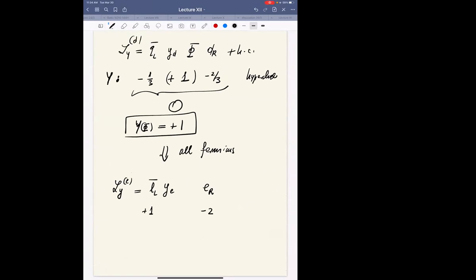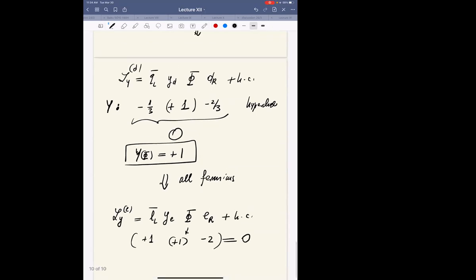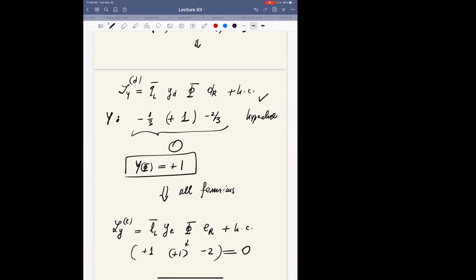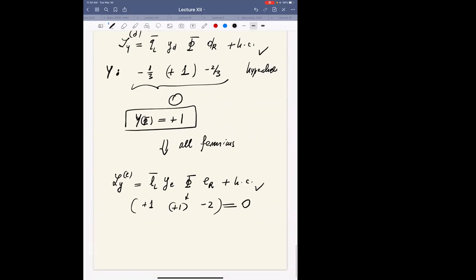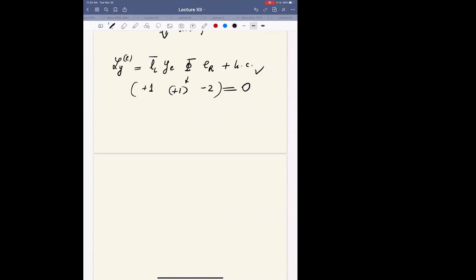We did it. So this is altogether -1. I just put the doublet here, +1. It works. The sum is 0. The total is 0. Very good. Now we manage for the electron also. Electron checks. What is missing is the up quark.